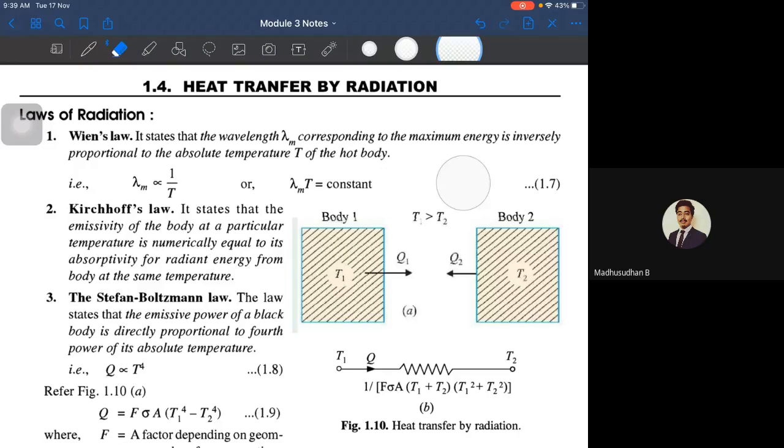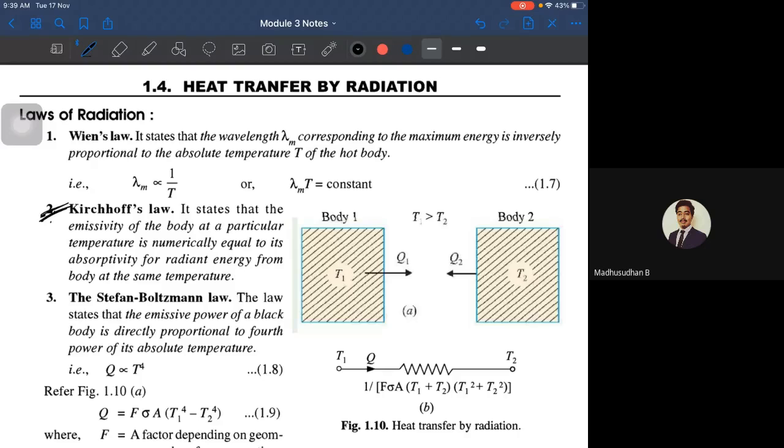Okay, fine. Kirchhoff's law is very important. Can anyone read it out? Nilesh? Yes, sir. It states that the emissivity of the body at a particular temperature is numerically equal to its absorptivity for radiant energy from a body at the similar temperature.